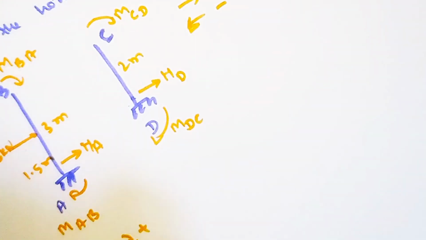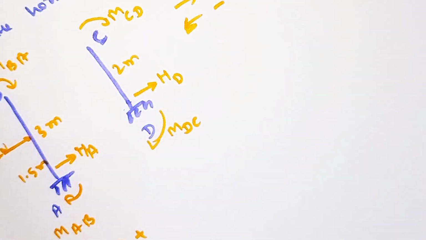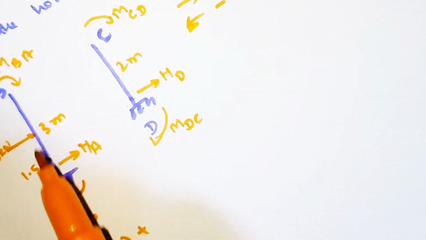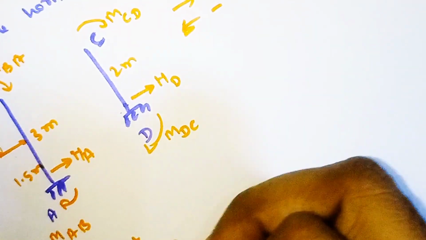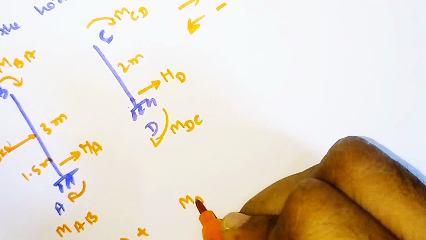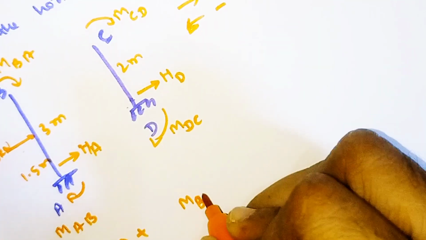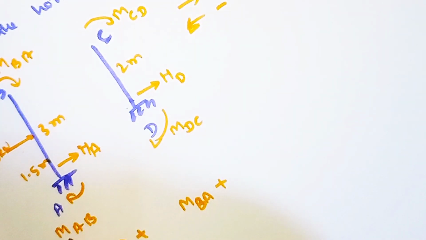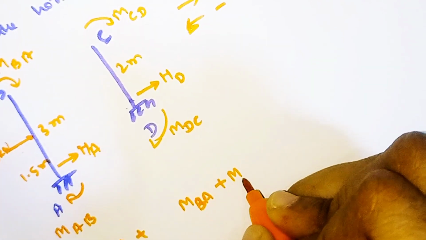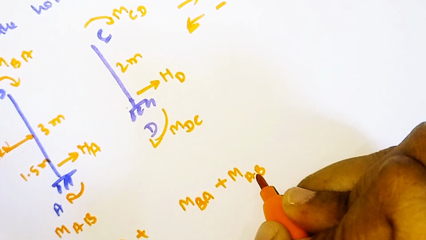Moment about B: whatever moments are coming here, MBA is moving clockwise, so I have taken positive. MAB is also moving clockwise, so plus MAB.